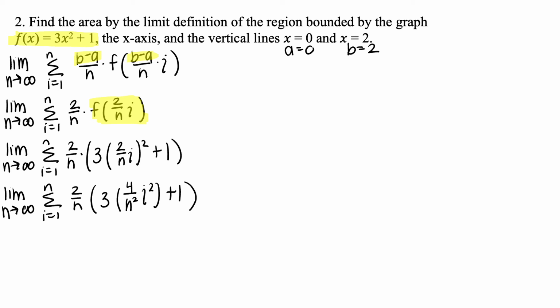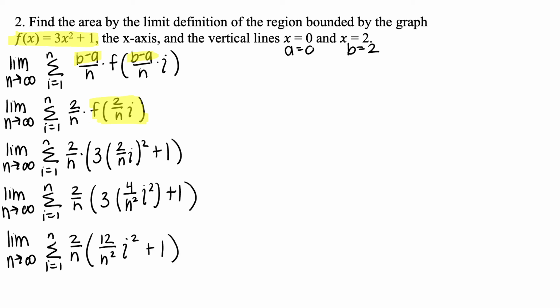And then from there, let's actually multiply that 3, so we have the limit as n goes to infinity of the sum from i equals 1 to n of 2 over n times 12 over n squared i squared plus 1. And then finally, before we can handle our summation, let's just distribute this 2 over n to both terms.